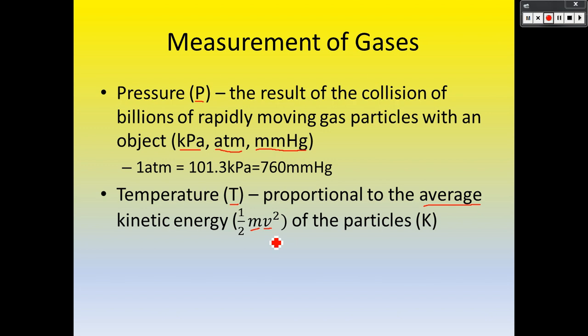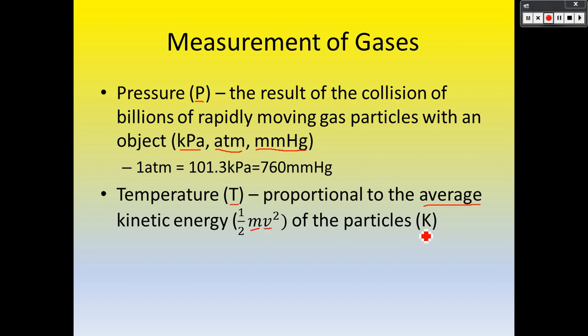So just because particles of one thing are moving faster than particles of another gas doesn't mean they have a higher temperature. Now, if you have particles of the same gas and one is moving faster, then it would have a higher temperature because they have the same mass. But keep that in mind, that temperature is proportional to kinetic energy, not to velocity alone.